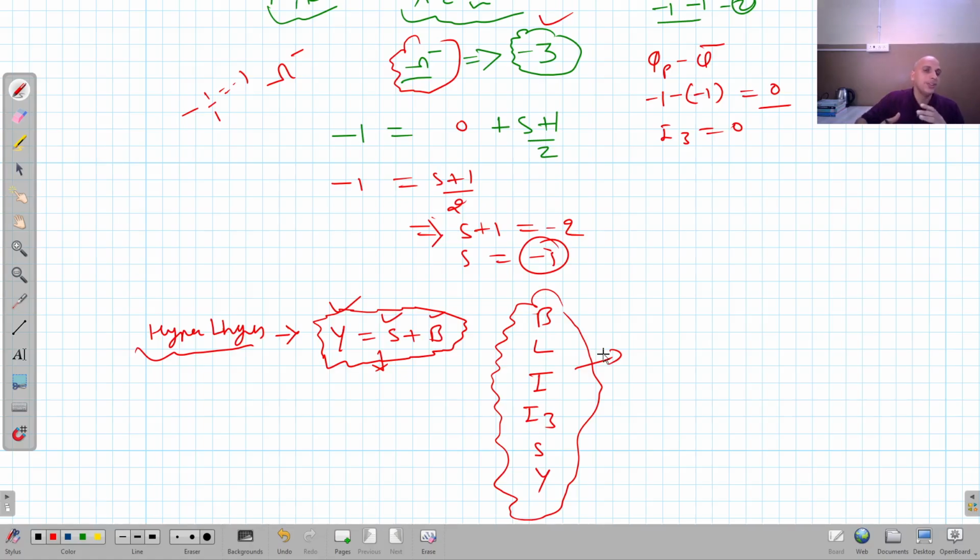It can also be asked to check whether a reaction is allowed or forbidden. To apply the conservation laws, we should be able to calculate these different quantum numbers, because all the conservation laws are based on the application of these quantum numbers, right?